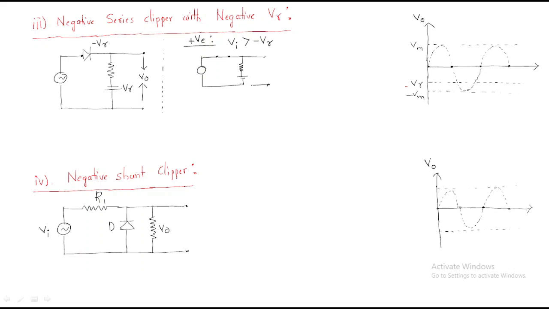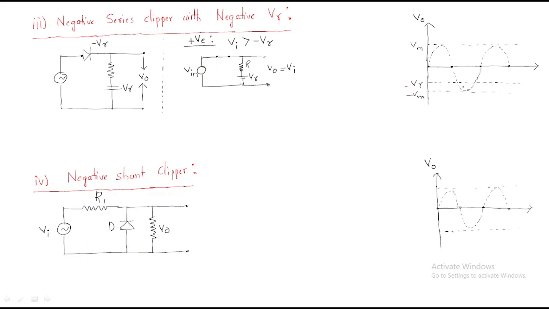Then what happened? The total voltage R and VR, this is the input voltage and this is the output voltage. The total voltage will be available across the load.